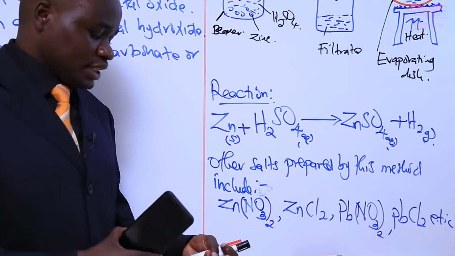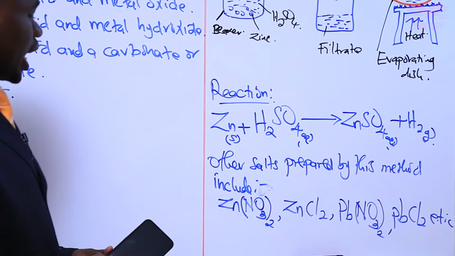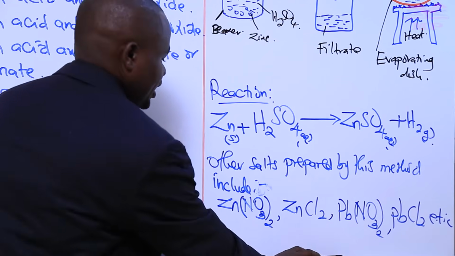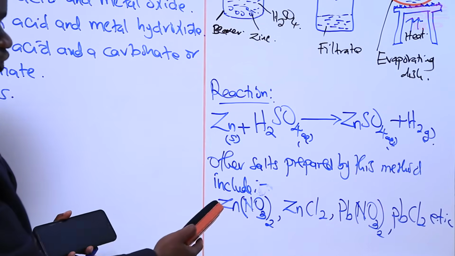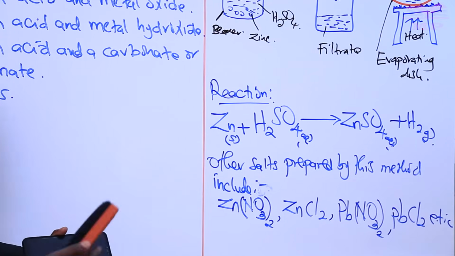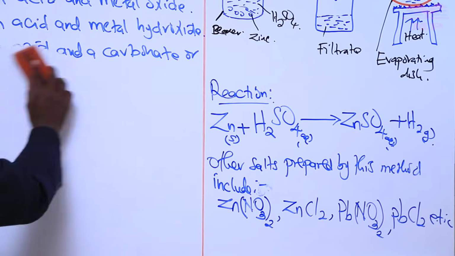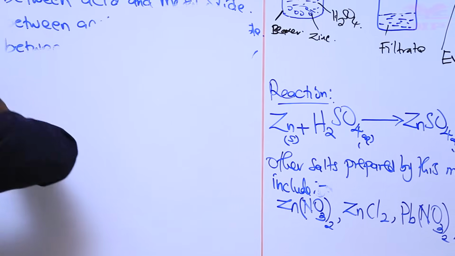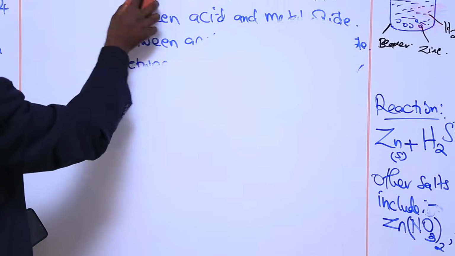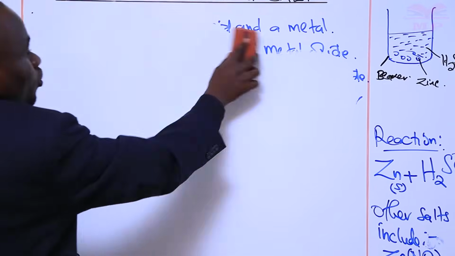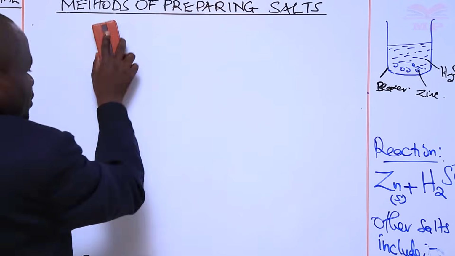Having said that, let us see in form of an equation how we can prepare these salts that I've mentioned here. We want to see it using an equation. Remember, equations are very important as far as examinations are concerned. So we want to write, using an equation, how zinc nitrate is prepared.